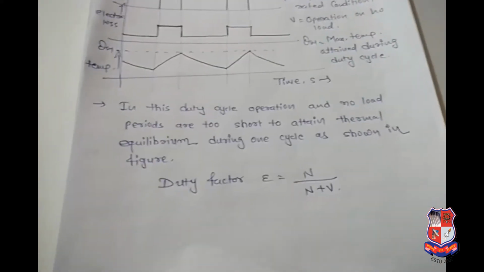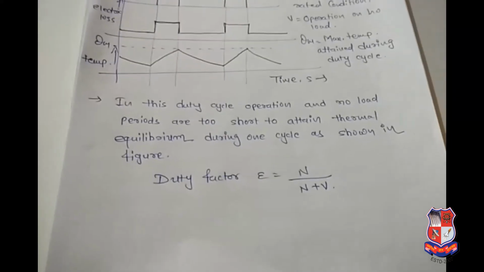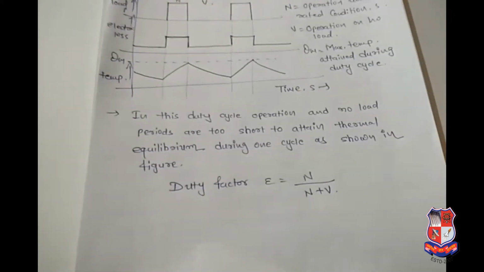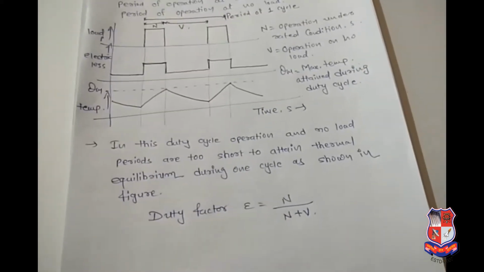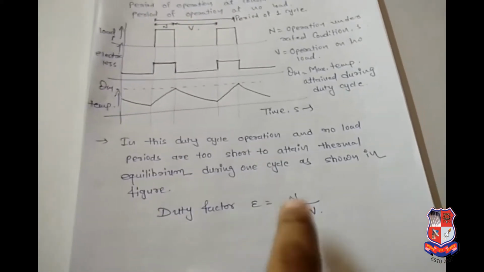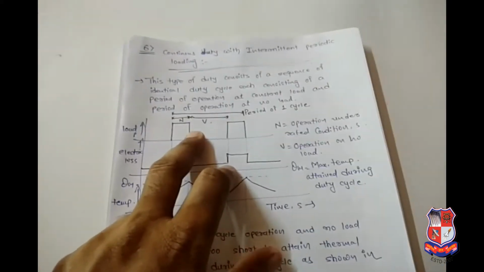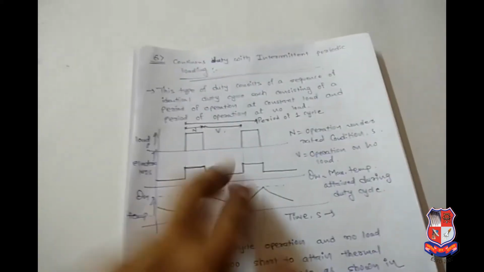So in this type of duty cycle, the operation and no load periods are too short to attain thermal equilibrium during one cycle, as shown in the figure. The duty factor in this type of duty cycle is N divided by N plus V, that is, the operating time divided by N plus V, which is one duty cycle.